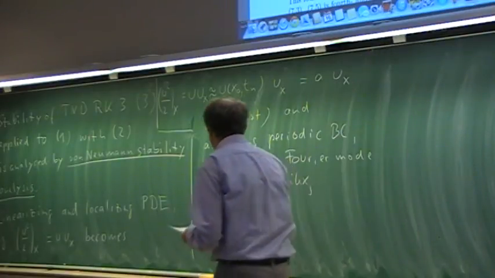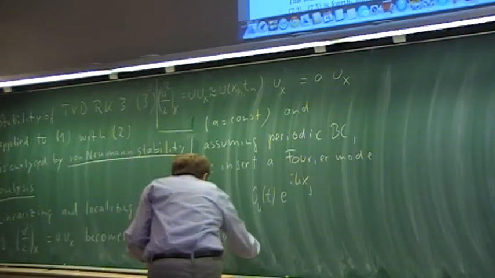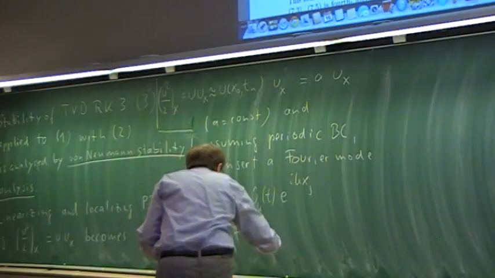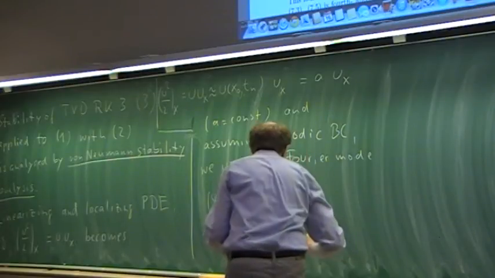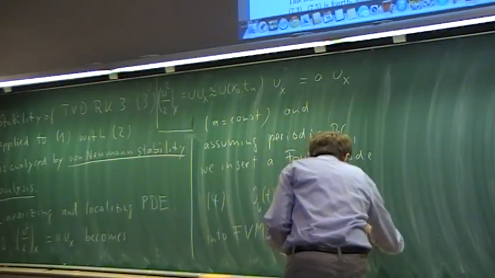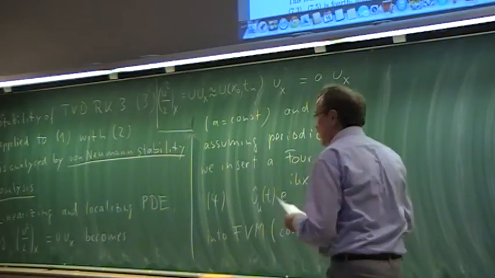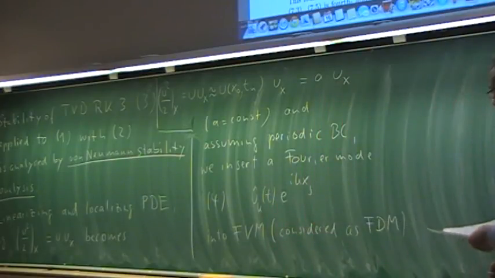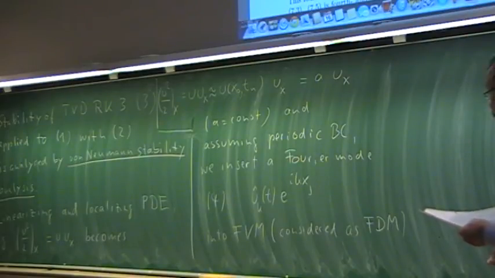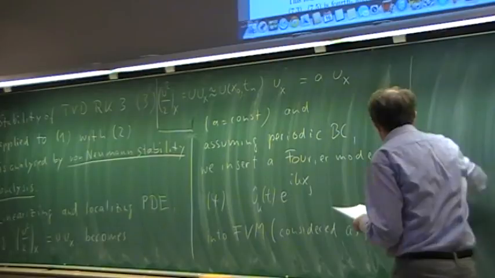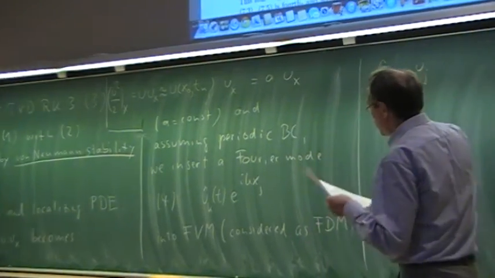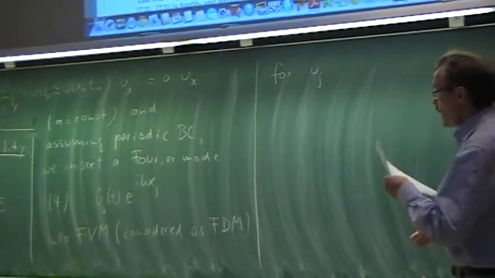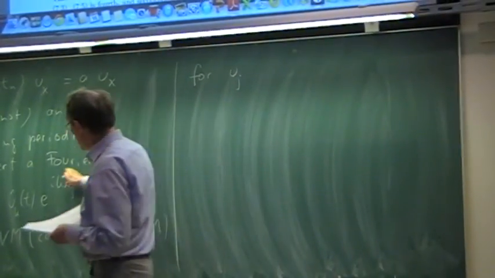We insert that into the finite volume method, which, to be able to use the theory, we consider as a finite difference method. So they are the same when we are in the interior for our problems. And we insert that for the uj. That means the uj in the discretization is replaced by this Fourier mode.